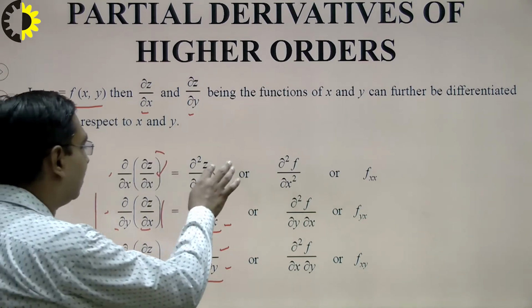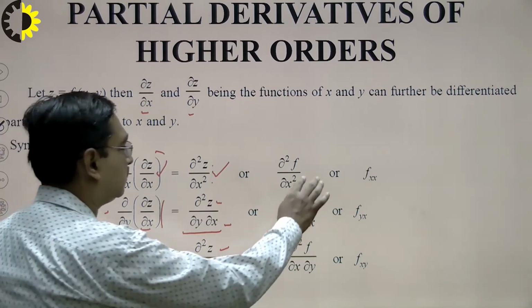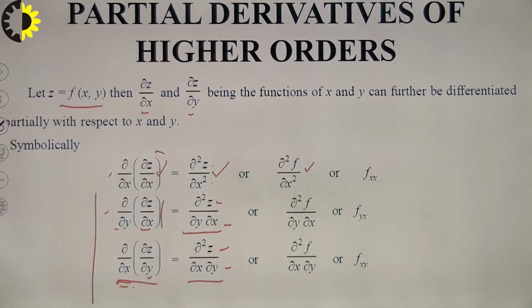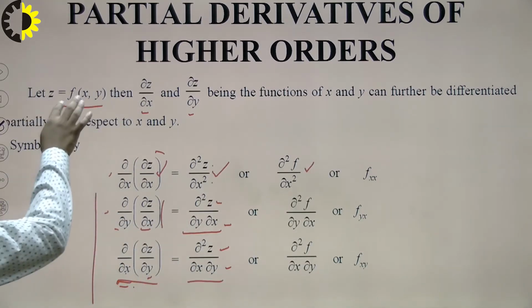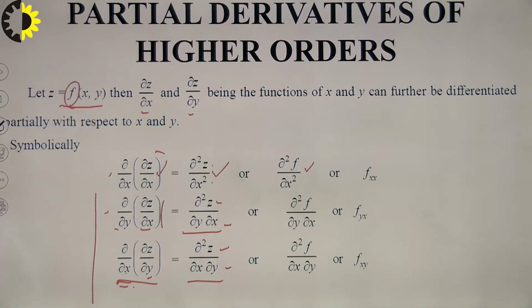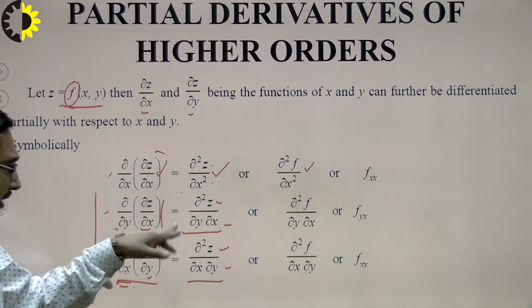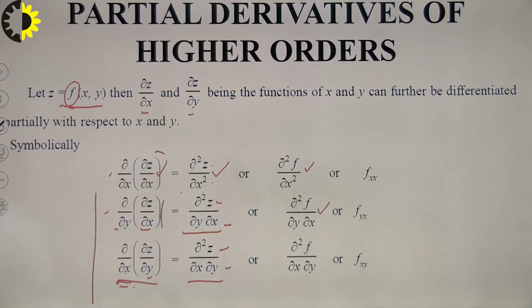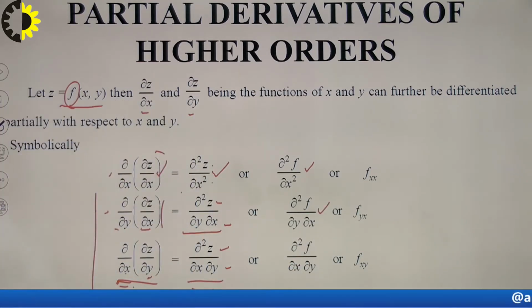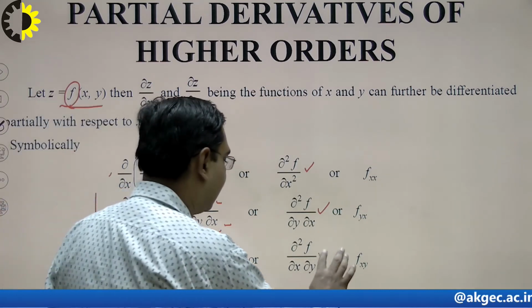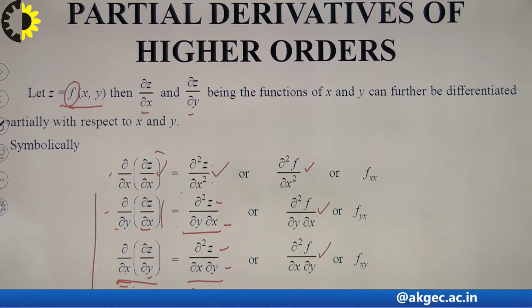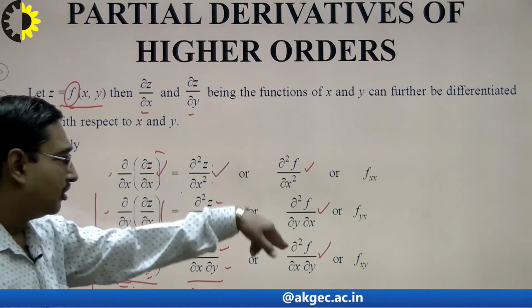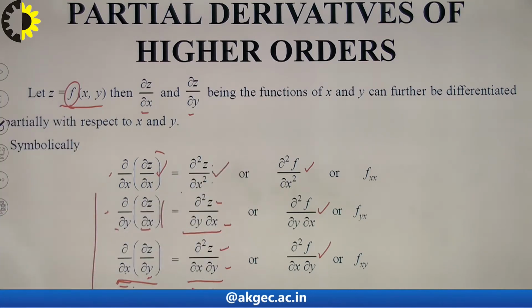Sometimes this del 2z upon del x square is also written as del 2f upon del x square, because z is a function of x and y. Similarly, del 2z upon del y del x is written as del 2f upon del y del x. Del 2z upon del x del y is written as del 2f upon del x del y. Suffix notation can also be used for representing partial derivatives.